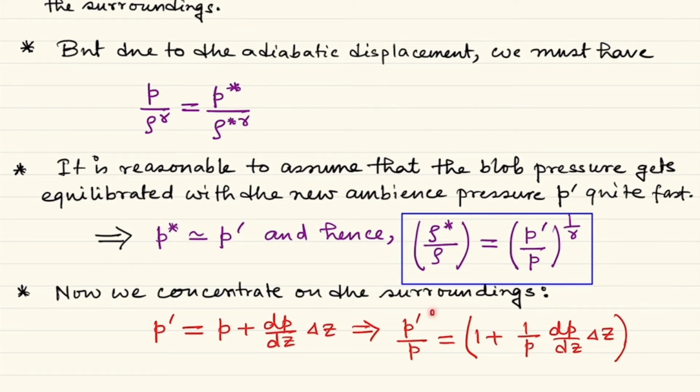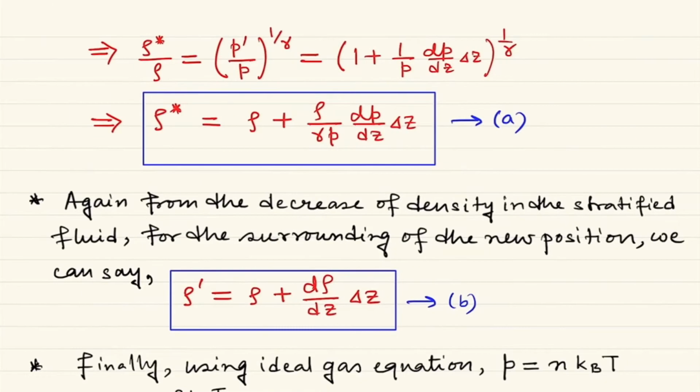Now, P prime by P raised to the power 1 by gamma will give you rho star by rho, and that is exactly what we will do now. So, rho star by rho will be equal to P prime by P whole to the power 1 by gamma, which is 1 plus 1 by P dp by dz times delta z.